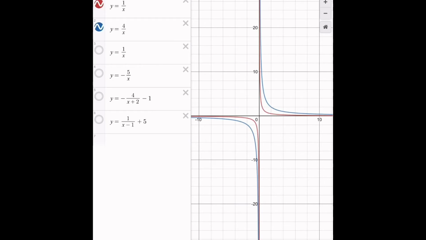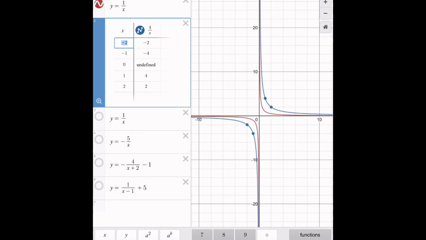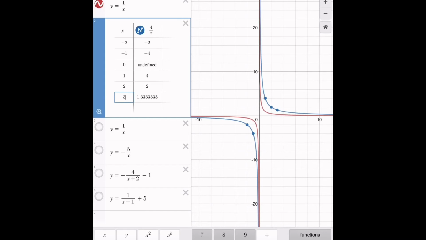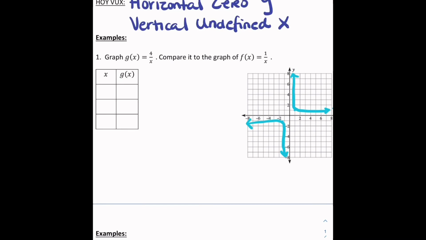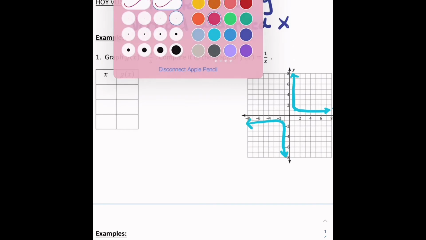I already have it typed in. I'm going to go to my table to find some points, and I'm going to look at points 1, 2, and 3. And I'm going to write down those values onto my notes. So let's go back over here and copy those down.